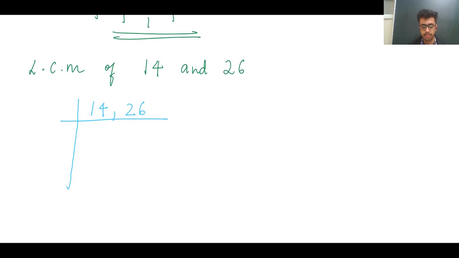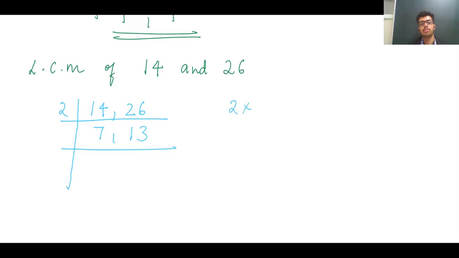First 2. Okay, 2. Then what will you get over here? 7 and 13. Then next, which number? 7. Yeah, so these are prime numbers, right? Yes, sir. Just multiply all the prime numbers.